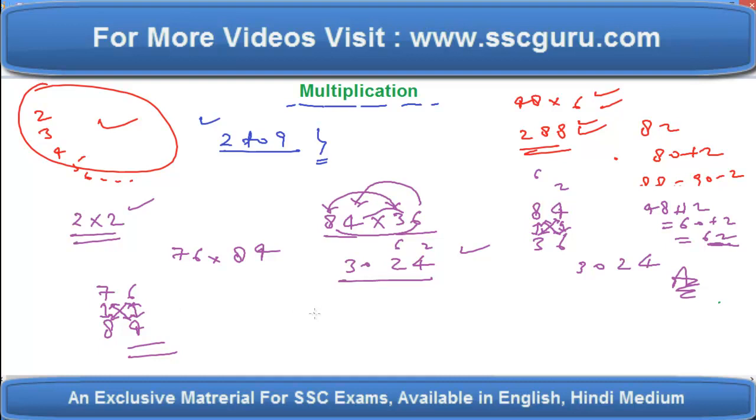First 6 fours are 24, 4 carry 2. Now 7 fours are 28 plus 8 sixes are 48: 28 plus 48 is 76, and 2 is 78, 8 carry 7. Now the hundreds place digits: 7 into 8 is 56, plus 7 is 63. This is the answer.